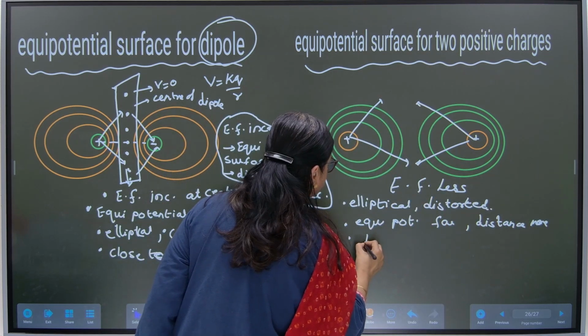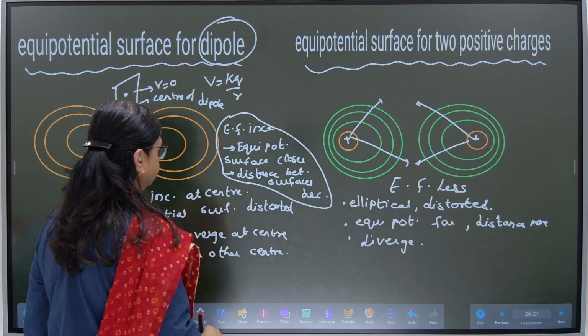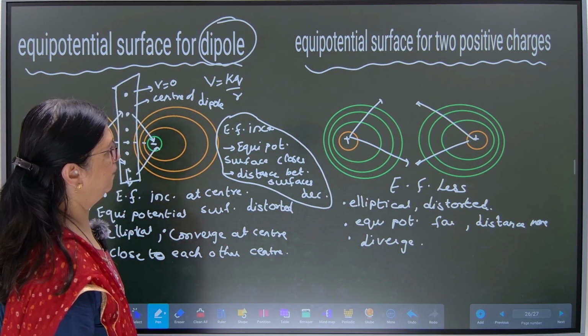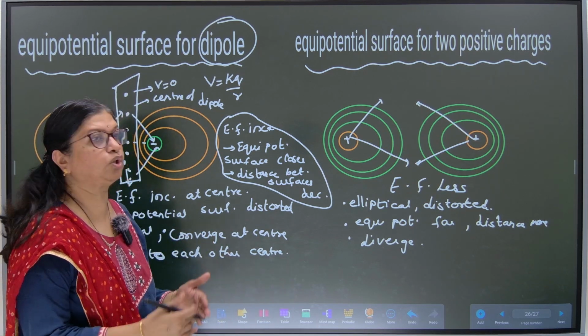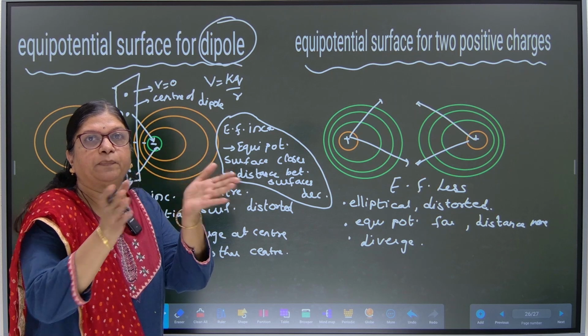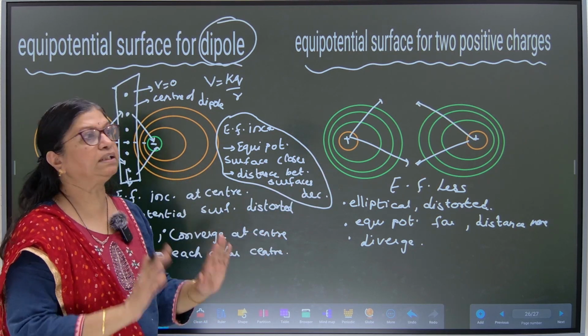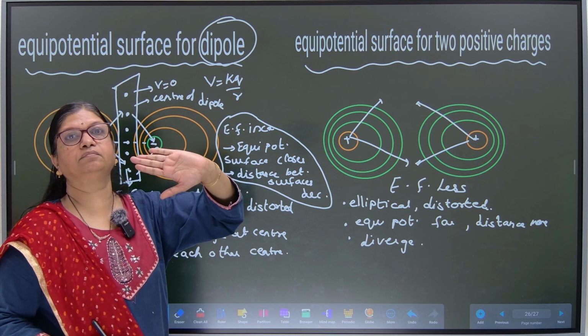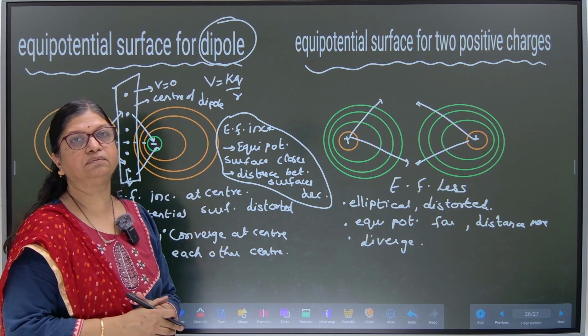So they diverge. These are all the words. They are far away from each other. They are elliptical. They are distorted. So these equipotential surfaces diverge from each other. Where? At the center. Electric field is less. All these points must be remembered.